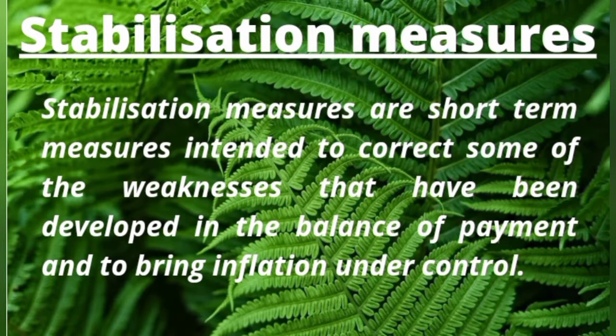Stabilization measures are short-term measures intended to correct some of the weaknesses or shortcomings that have developed in the balance of payment, and to bring inflation under control or to control prices. So that is what stabilization measure means. It is a short-term measure, and it points towards correcting the weaknesses in the development of the balance of payment, and to bring inflation under control.